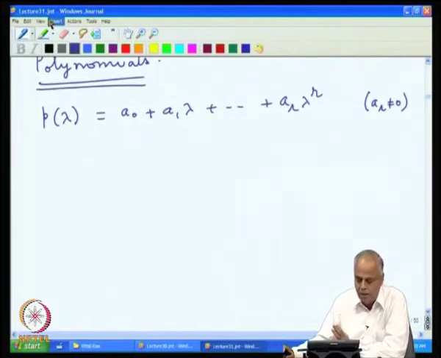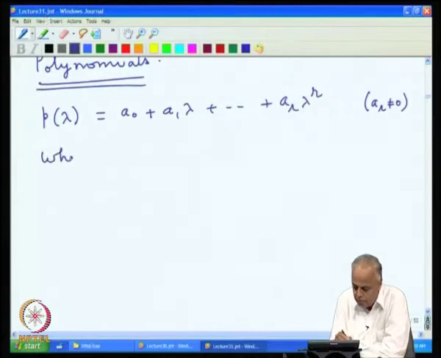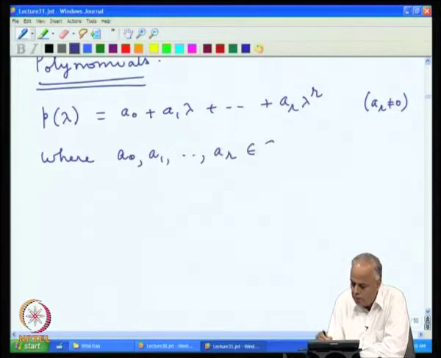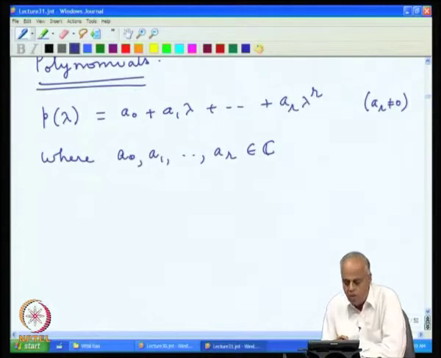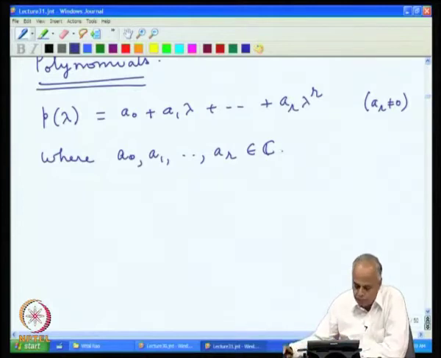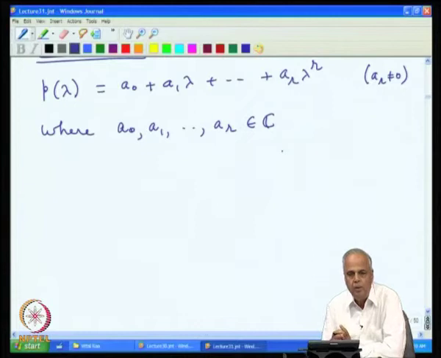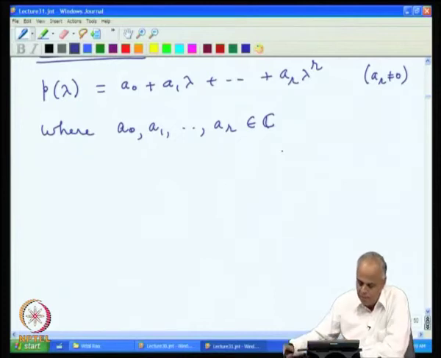The coefficients a naught, a 1, up to a r are all complex numbers. So, we are considering polynomials with complex coefficients. Now, the simplest polynomials are lambda, lambda squared, lambda cubed, namely the powers of lambda.